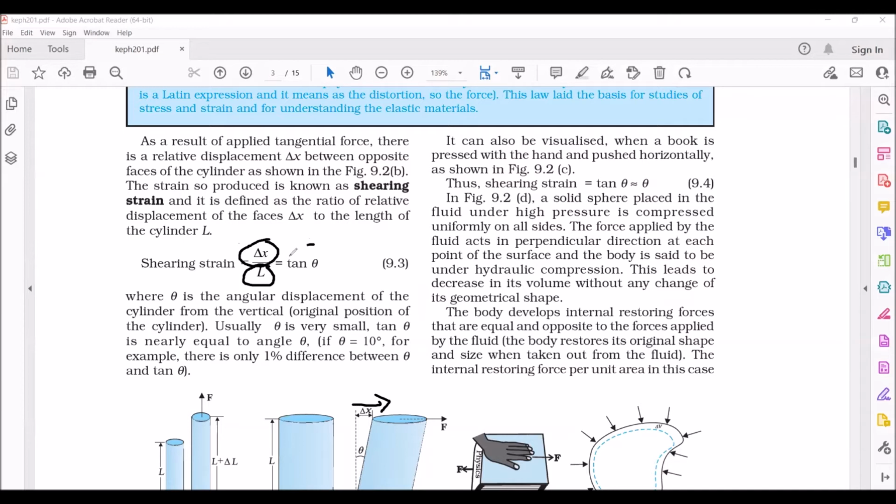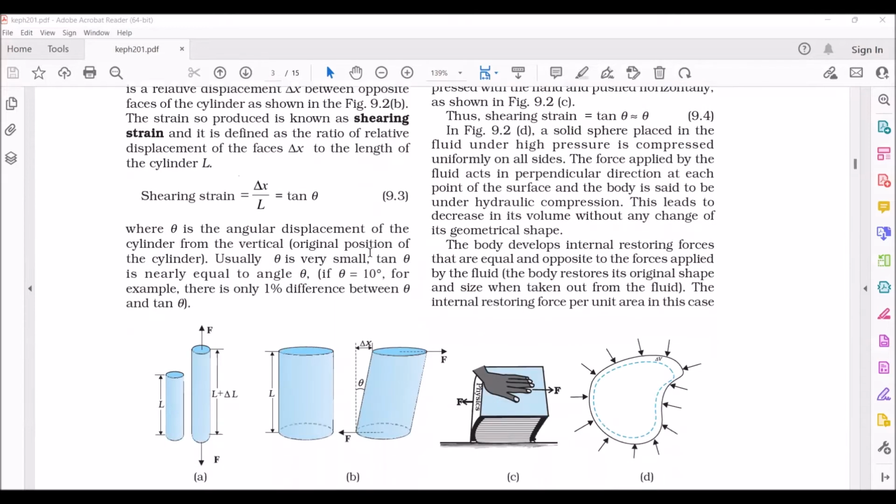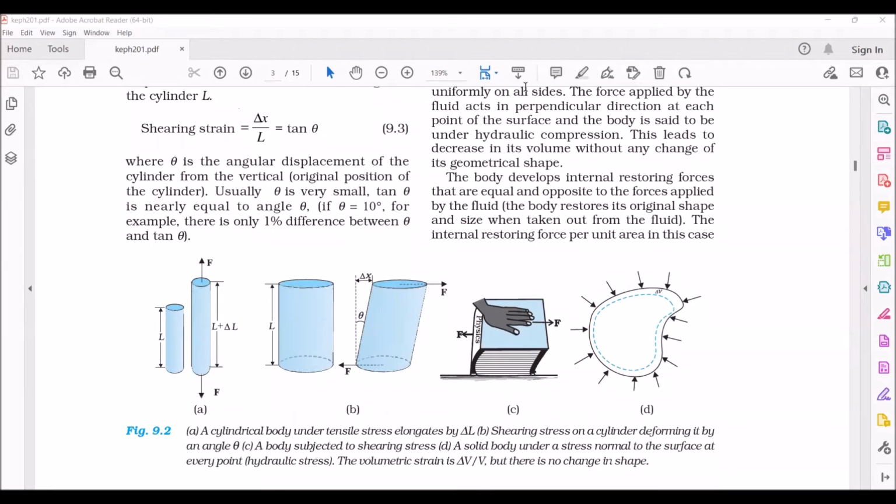That can be mathematically calculated as tan theta, where theta is the angular displacement. When theta is very small, theta is almost equal to tan theta, because for smaller values of theta, tan theta is almost equal to theta.